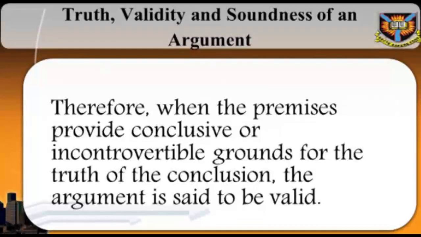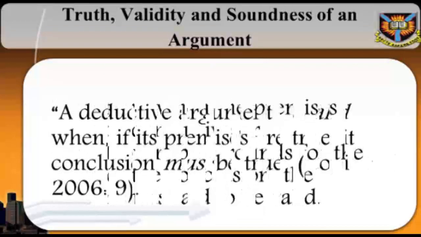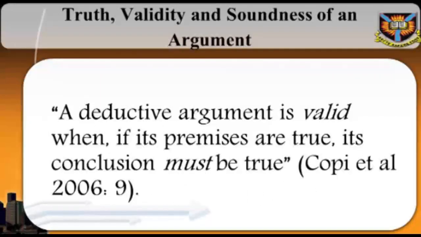However, the term validity is applicable only to deductive arguments, and to say that a deductive argument is valid is to say that it is not possible for its conclusion to be false if its premises are true. Thus, a deductive argument is valid if its premises are true, its conclusion must be true. Copi et al., 2006, page 9.